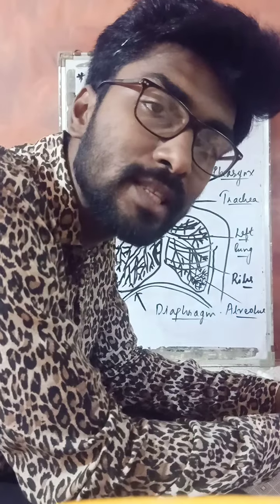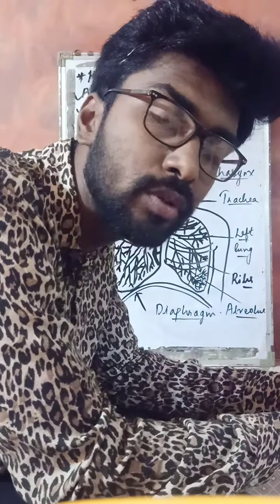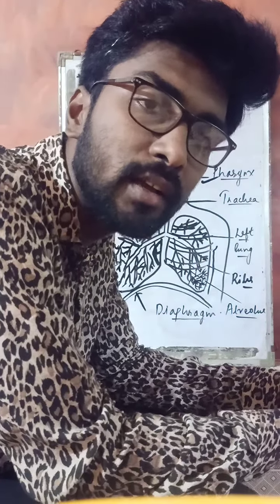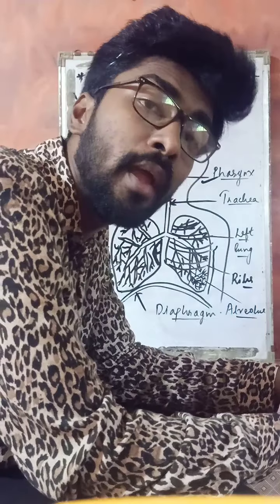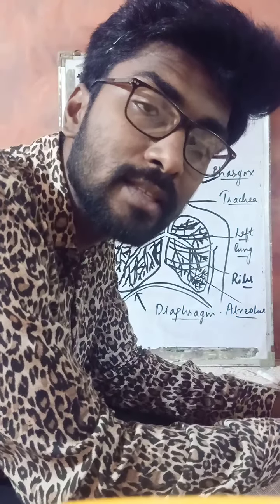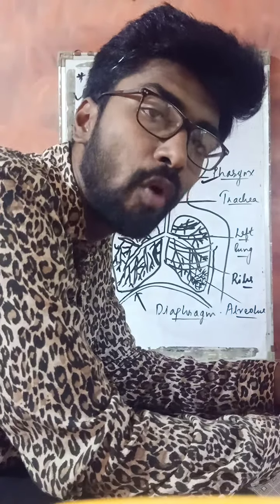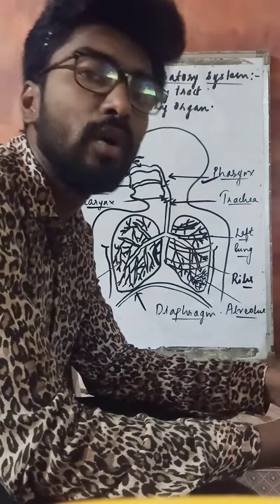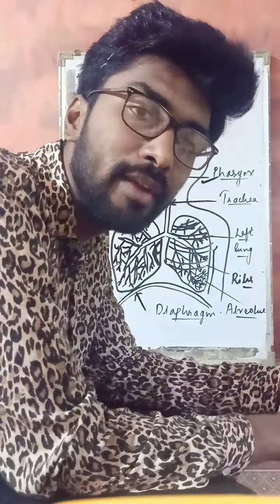Now the larynx opens into the laryngopharynx by a small opening which is called the glottis, and the glottis is covered by a slit-like or lid-like covering which is generally called the epiglottis, and the epiglottis generally prevents the entry of food and water into the trachea. As I said, in the trachea only air should enter, not food and water, right?